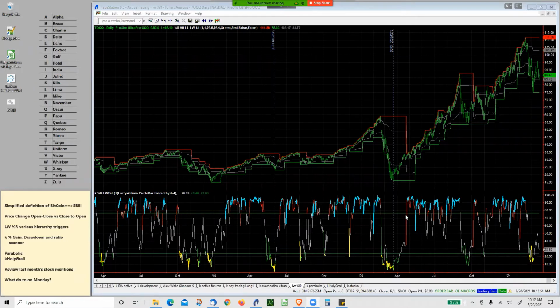All right. So this is basically TQQQ, and you can see the resistance, and down below here is support. When it breaks down through support, what it does on this indicator that I wrote, I call it K%R, Larry Williams, and it's based on looking at the entire range of trading.